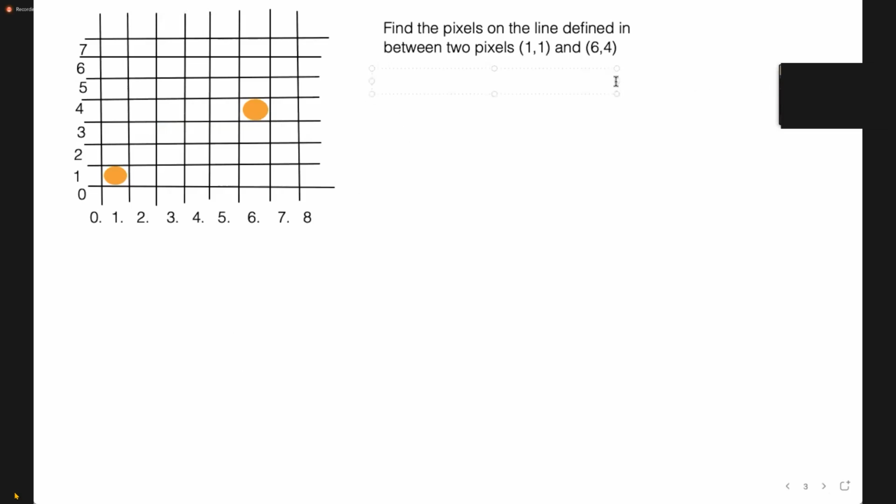First step, calculation of the slope. m equal y difference, 4 minus 1, divided by x difference, 6 minus 1. Equal 3 divided by 5. That is 0.6.